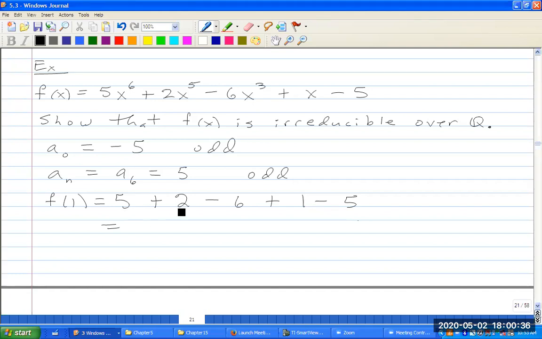Well, 7 plus 1 is 8, minus 11 is negative 3. And this is an odd number. These three numbers are odd. Therefore, by the above theorem, I have that this polynomial is irreducible over the rationals.